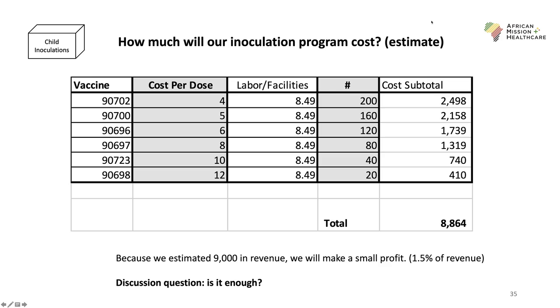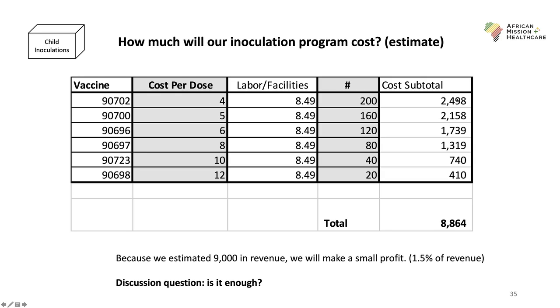The example here, if the math plays out, is we had a certain amount of labor and facilities calculated for each one of the vaccines, and right now we're just using 8.49 as the average. We have a certain amount of each that we expect to do, and we have the cost per dose, and so we can see the cost subtotal.